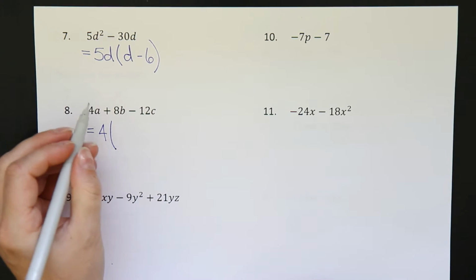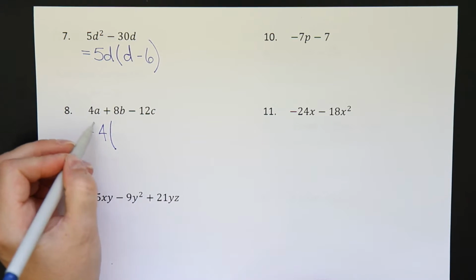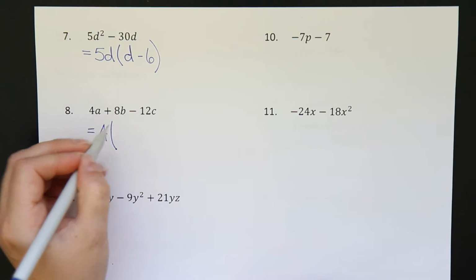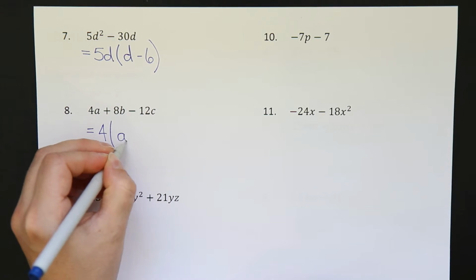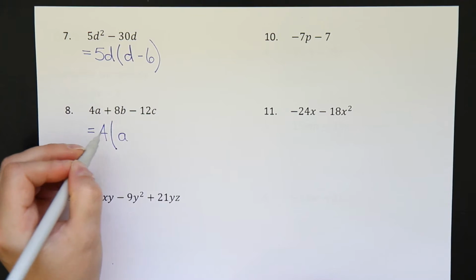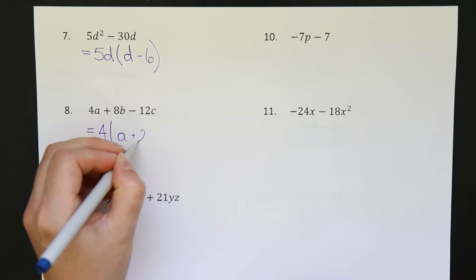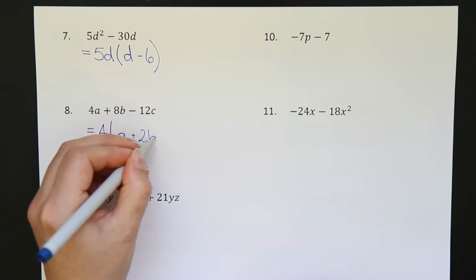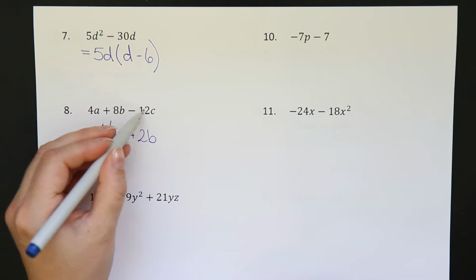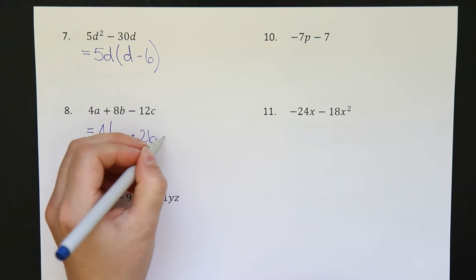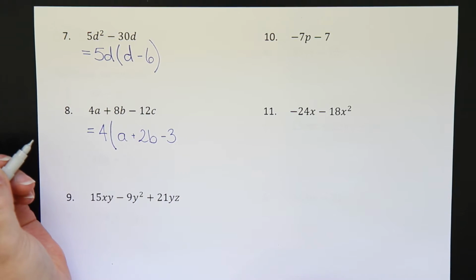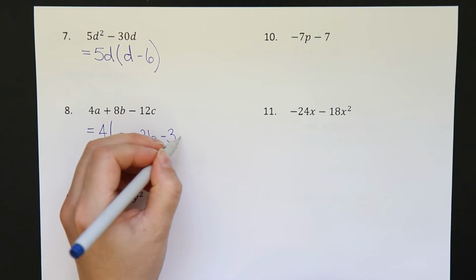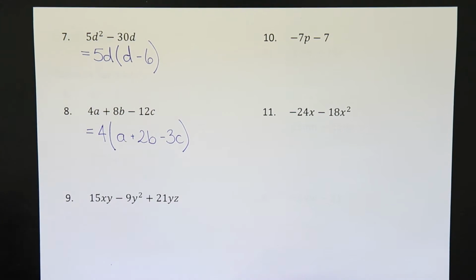Putting the leftovers inside the brackets. The 4 divided by 4 goes once, and I still have an a there as well. 8 divided by 4 goes twice, and I will have the b as well. And minus 12 divided by 4 goes negative 3 times. 12 divided by 4 is 3, and I still have the c. Close bracket.